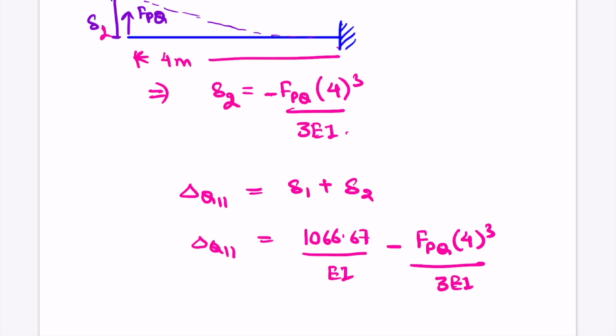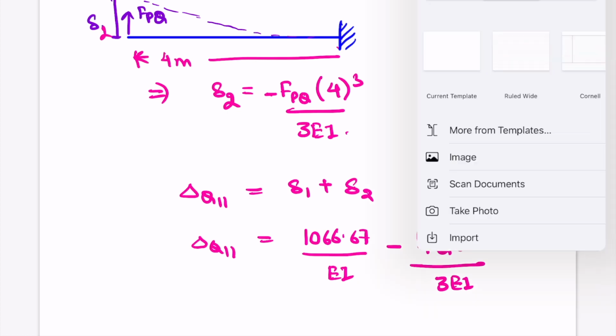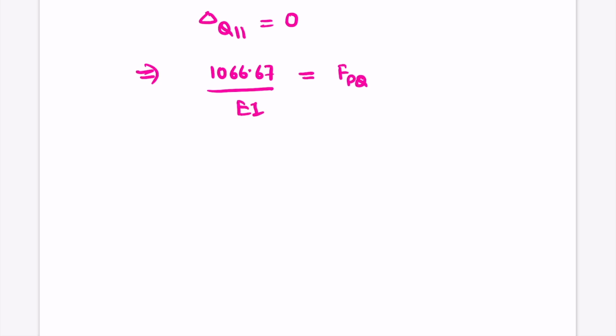Now we will use our compatibility condition, which was delta Q2 equal to 0. So if we solve it, 1066.67 divided by EI will be equal to FPQ 4 cube divided by 3EI.